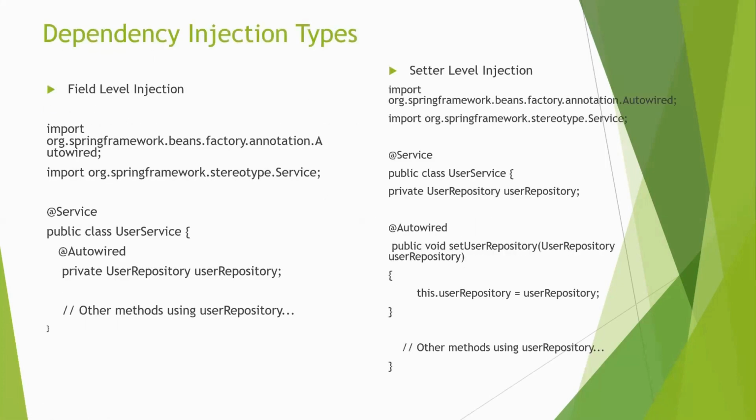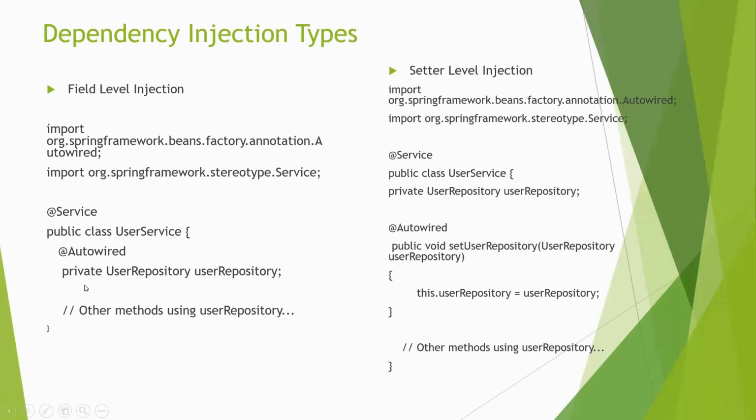As I said, we can inject dependencies in two different ways. One is field level injection, and the other is setter level injection. If you see field level injection, for example, we have a service class, UserService. Obviously the service class needs to communicate with the database, that means a repository dependency. Here UserService depends on UserRepository.